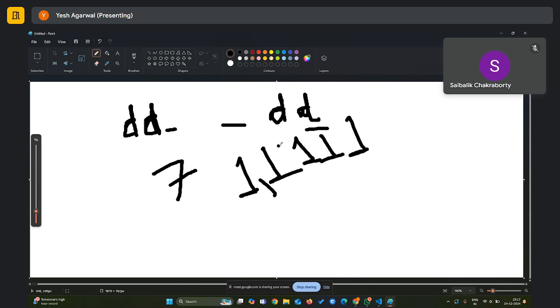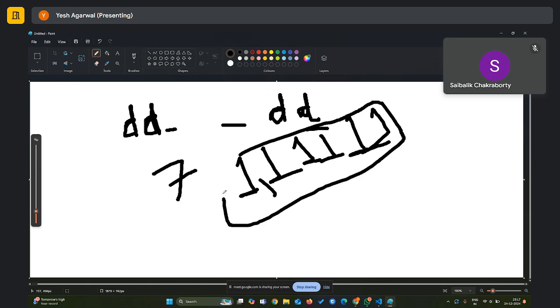You can check it on a calculator. The first such number that is divisible by 7 and has all digits the same is 111,111, that is 6 ones.